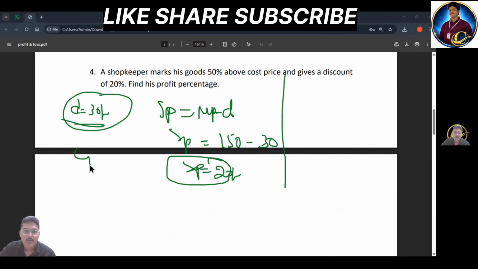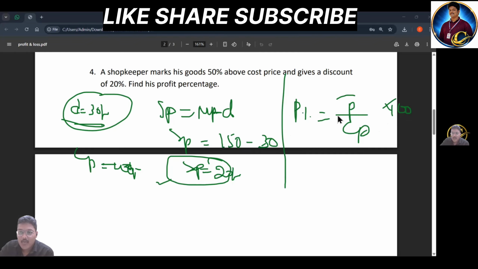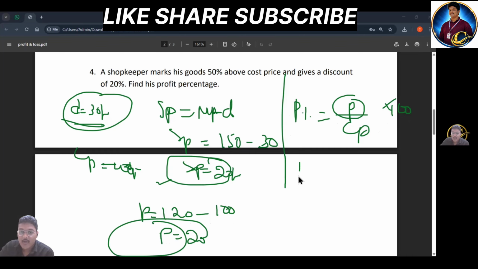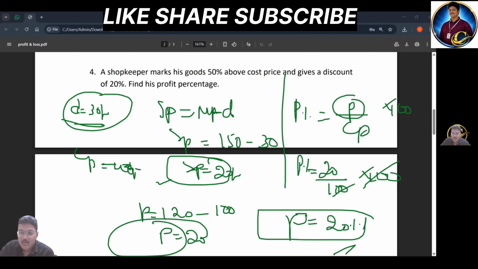We know the value of CP, that is 100, and we know SP, so we can easily find the profit percentage. Profit by CP into 100. We don't know the profit directly, so we'll find it. Profit is SP minus CP, that is 120 minus 100, so 20 profit. Profit percentage is 20 by CP, which is 100, into 100. And cancel, so P is equal to 20%. Therefore, profit percentage is equal to 20%.